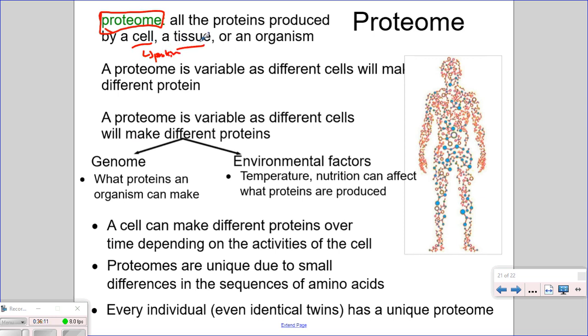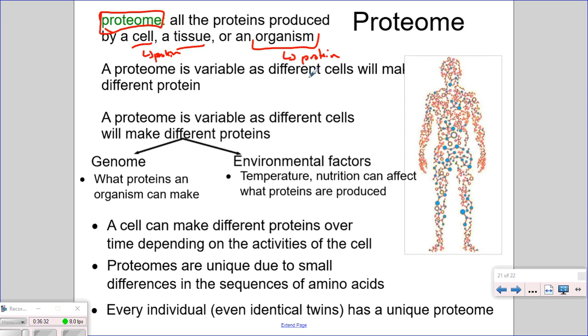If you looked at a tissue and considered all the proteins that that tissue would make, that would be the proteome of that tissue. And then if you looked at the whole organism and you considered all the proteins that would be made in all of the different cells within that organism, that would be the proteome of that organism.